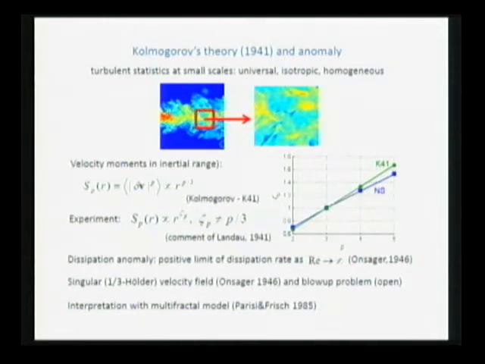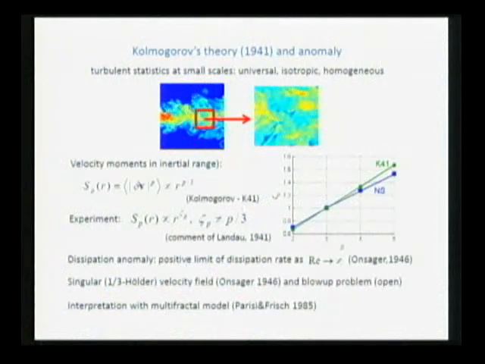He also noted that if you assume all these properties of the system in this limit, then the velocity field cannot be regular. It should be at most 1/3 Hölder. This directly relates the equations of turbulence to the blow-up problem. We need singularities in the flow, and blow-up is just the question of whether the singularity appears in finite time or asymptotically, whatever.